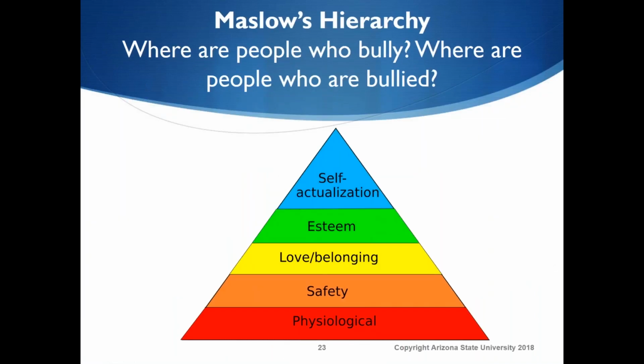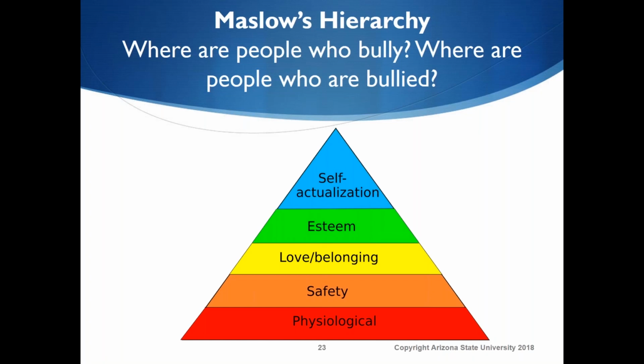And just to set the stage here, Maslow's hierarchy, I think many of you are maybe familiar with that, and if not, it's a way of categorizing human needs. And what Maslow said is that we have these 5 types of human needs, and we have to meet our physiological needs before we can meet our safety needs, before we can meet our love and belonging needs, before we can meet our esteem needs.